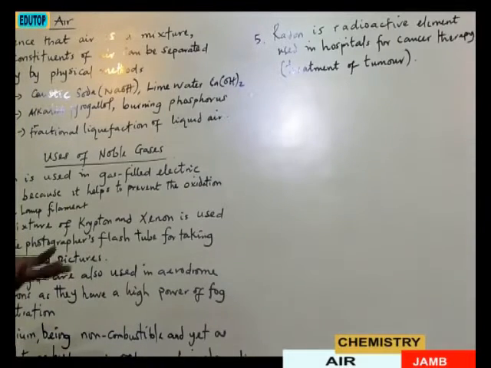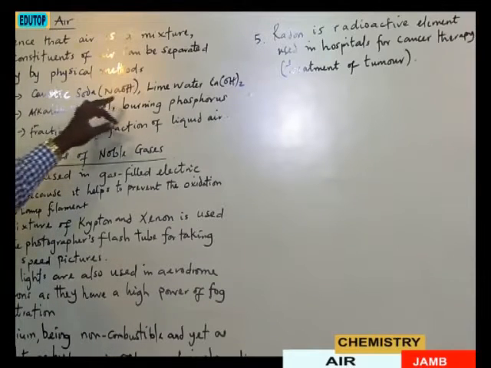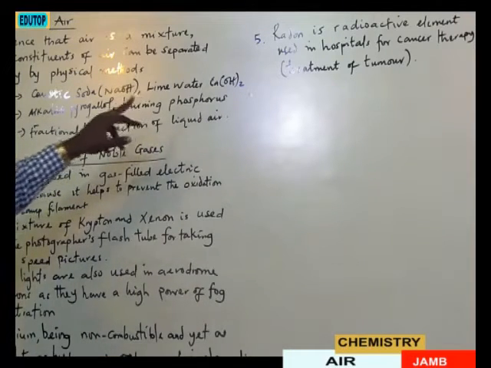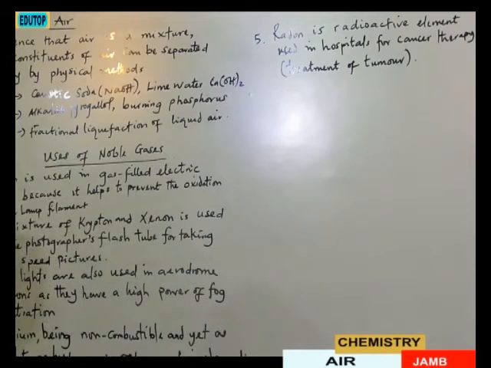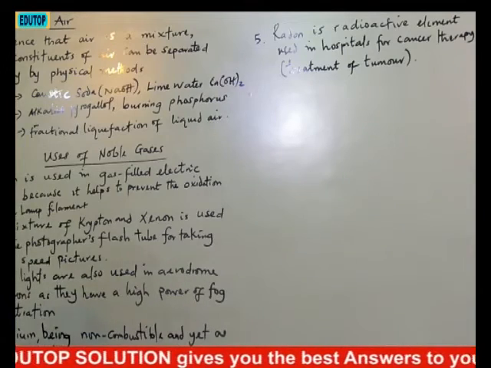Then under the composition of air, where we have carbon dioxide. Carbon dioxide has affinity for caustic soda, which is sodium hydroxide, and lime water. So if we are to remove this carbon dioxide from air, we need to pass it through caustic soda or lime water.